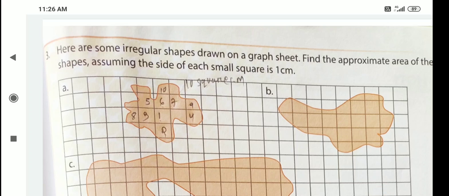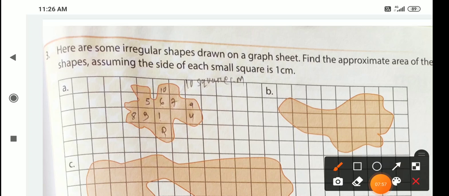Here you have to find out how many full squares are there and how many squares are more than half filled. So here I have counted these full squares or whole squares and more than half. Suppose this 8 number square you see. Here it is more than half filled. So we have to count. So total how many are there, children? Total 10. So 10 square centimeter.